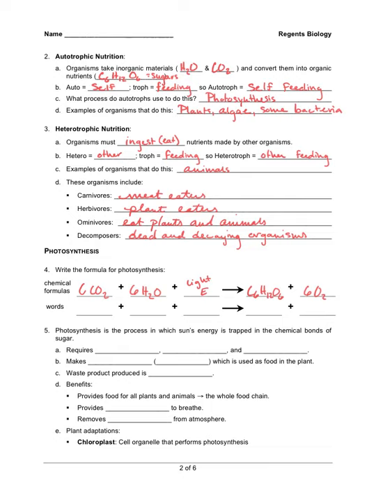So then when you write it again in words, again, it's carbon dioxide plus water plus light energy yields sugar and oxygen gas.